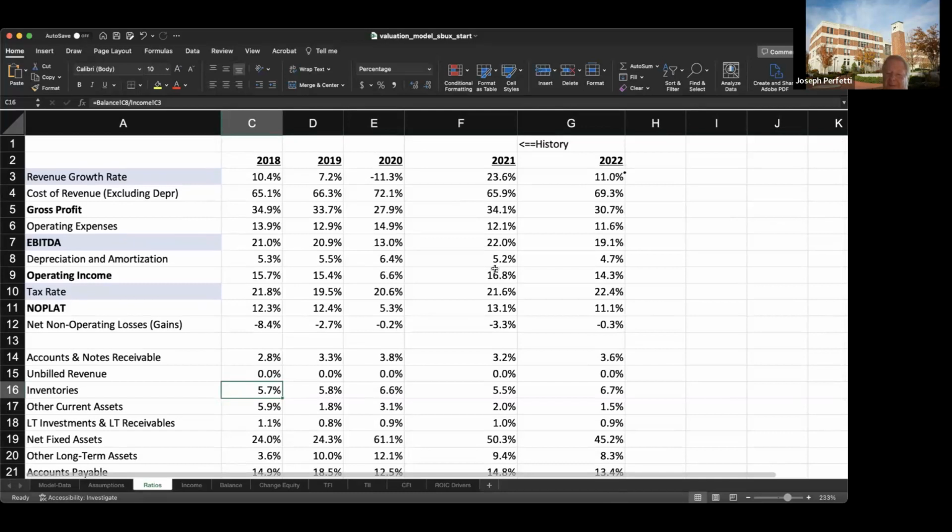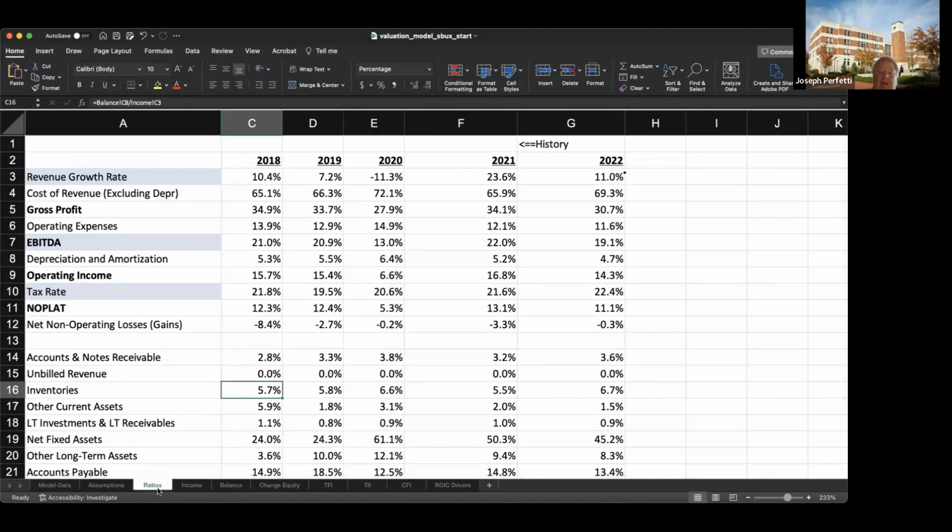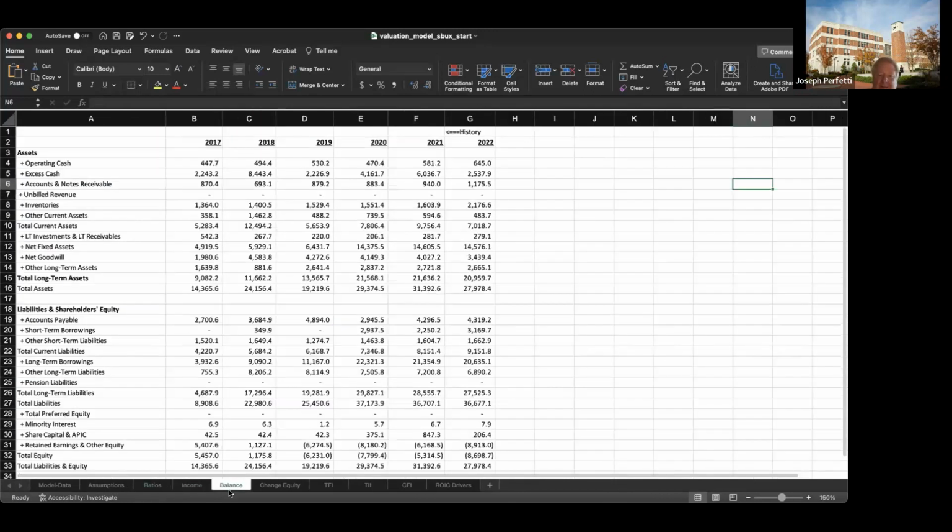So here's the point. These statements create those ratios. Everything's a percentage of sales. This is best practice for forecasting and modeling. What we're going to do is forecast the ratios, and those forecasted ratios will create forecasted statements.